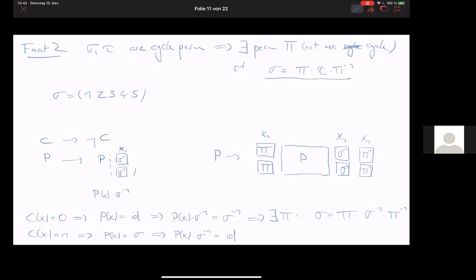Oh, okay. So you can infer that the same holds for the inverse. Exactly. What I'm doing here is setting tau equals sigma inverse, using this fact with tau equals sigma inverse.